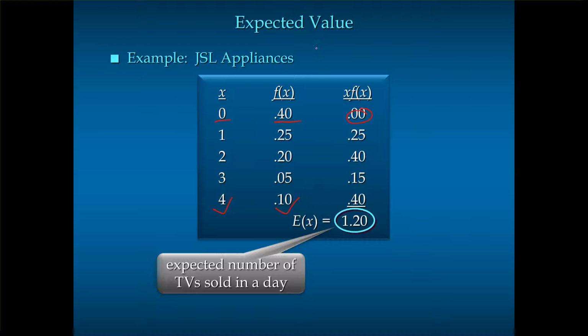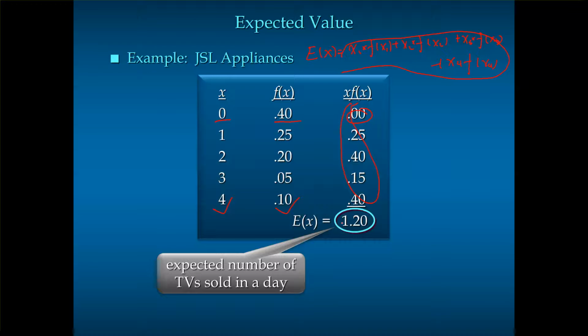So try to think about what I just showed you. The expectation of x is equal to what? It is equal to x1 times f(x1) plus x2 times f(x2) plus x3 times f(x3) plus x4 times f(x4). This part is doing this kind of calculation.